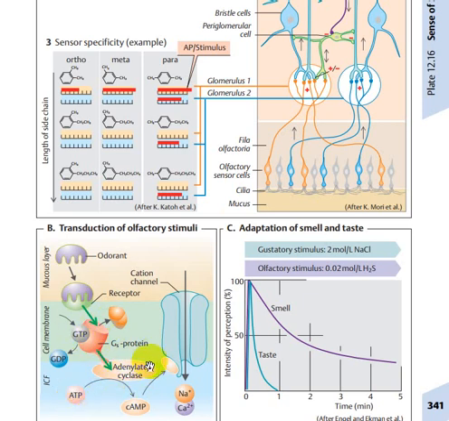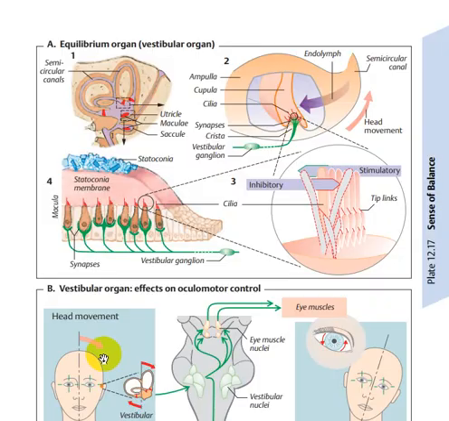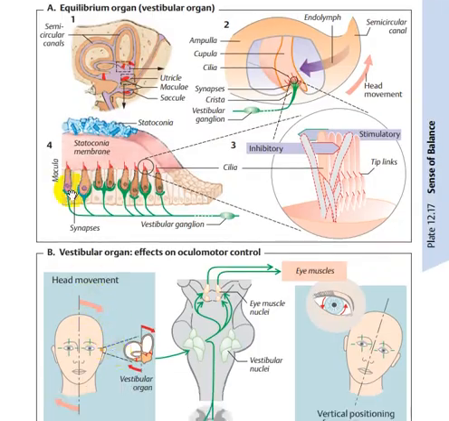Adenylate cyclase activation is going to convert ATP to cAMP, and cAMP is going to bind to the cation channel receptor, which is going to allow sodium and calcium ions to enter into the cells for the activation of the sensory cells.